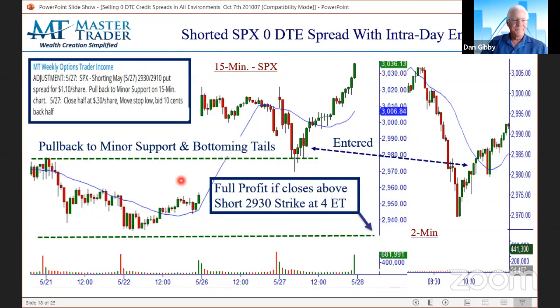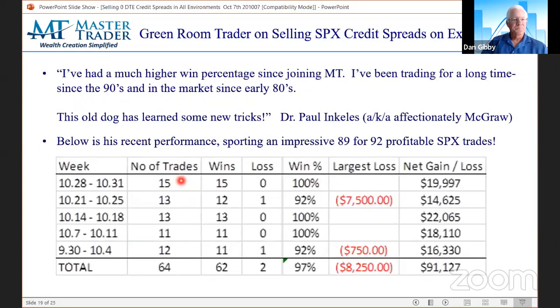Another example, you know, we can go on and on. This is McGraw, who I showed you his trading station. He loves the big contract, SPX. And I'm not showing you this to suggest that you're going to have this same staggering 97%, but these are his real numbers.